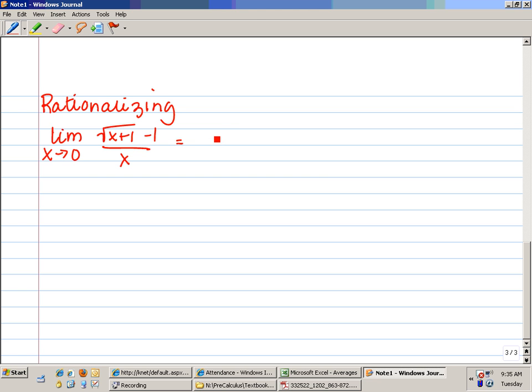When we use distribution, we get square root of 0 plus 1 minus 1 over 0. Well, the square root of 1 is 1, so 1 minus 1 is 0. So we end up with the indeterminate form.